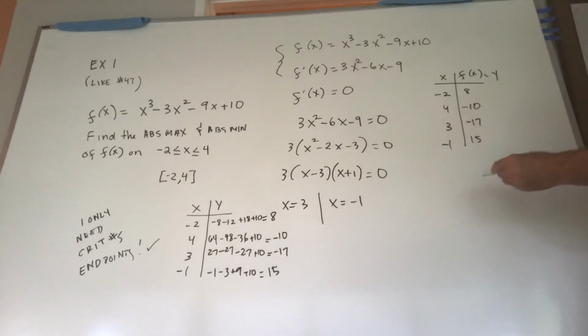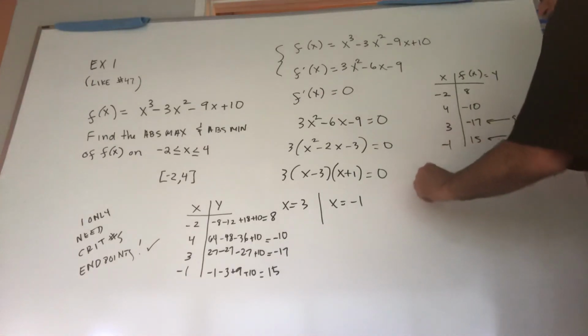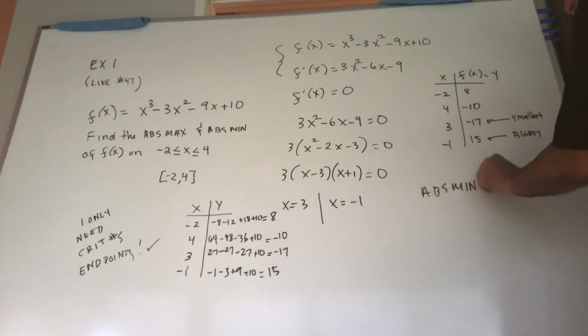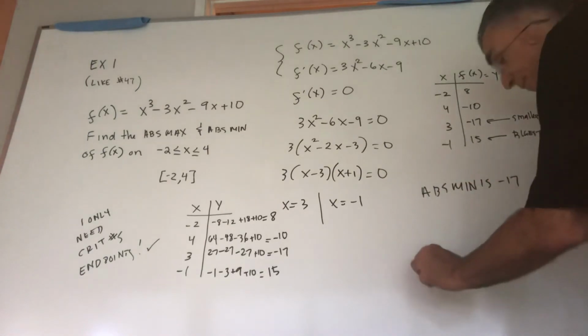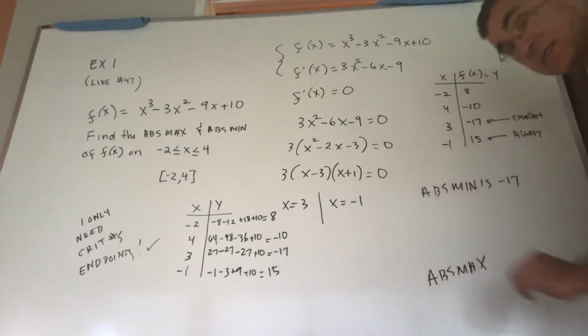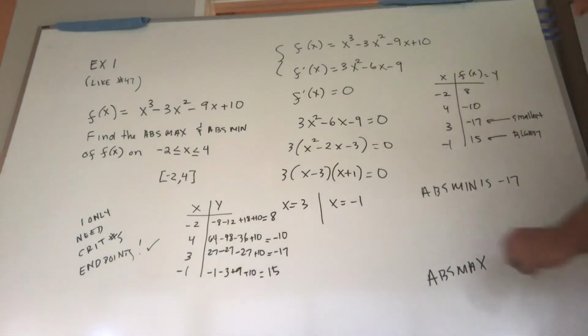And then you literally look. That's the smallest, and that's the biggest. But we don't say that. We say the absolute min is -17, and the absolute max is 15.